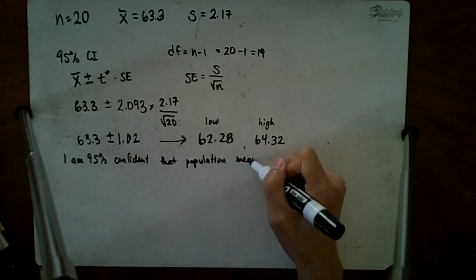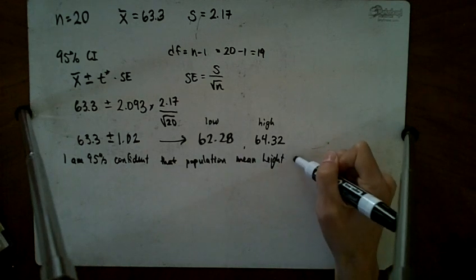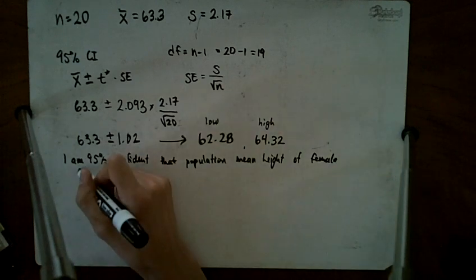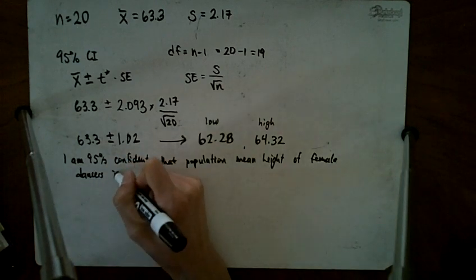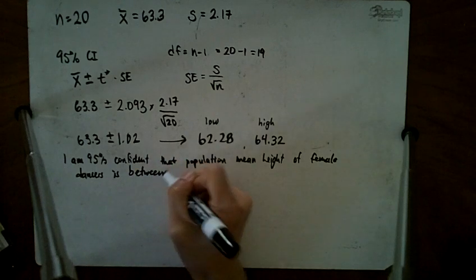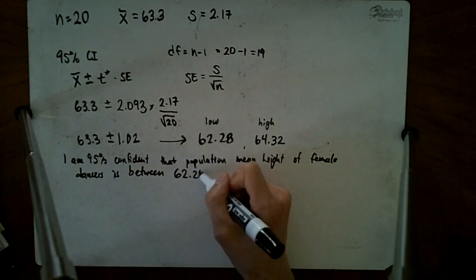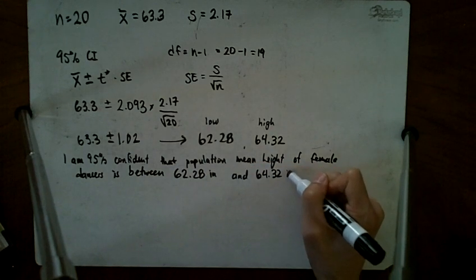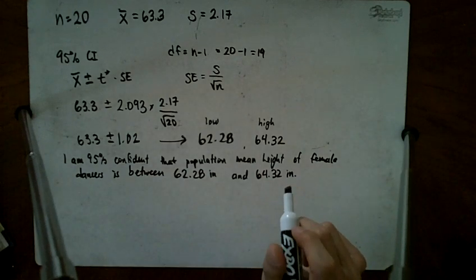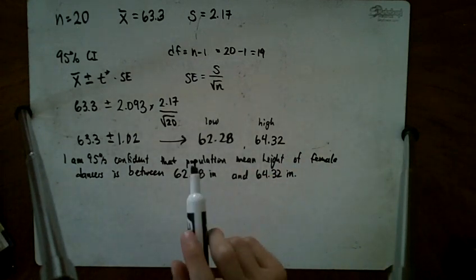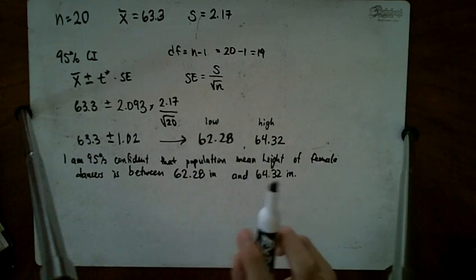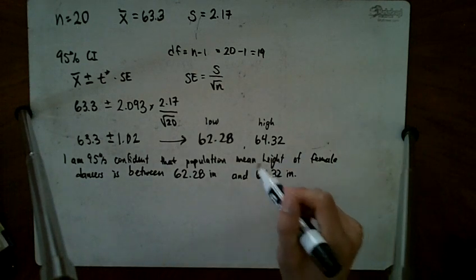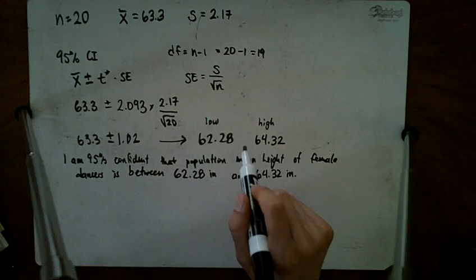It's the population mean height of female dancers is between 62.28 inches and 64.32 inches. Okay, so any one particular dancer could be outside of this range, but when we look at the entire population and calculate the mean of the entire population, we're 95% confident that that mean is going to be between these two numbers.